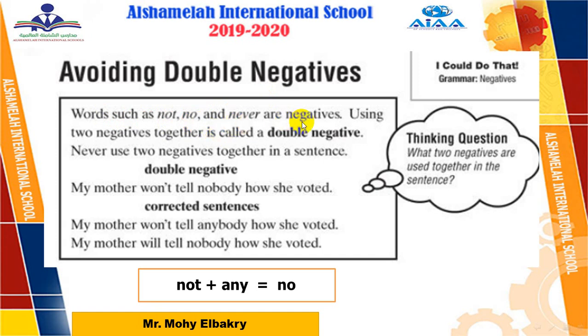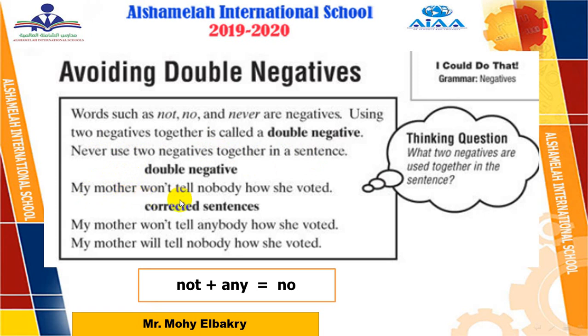So don't use another word with them. Using 2 negatives together is called a double negative. So double negative means using 2 negatives together in the same sentence. Never use 2 negatives together in a sentence.